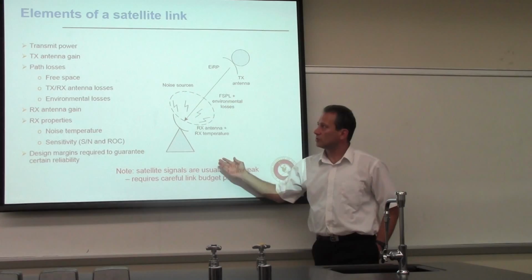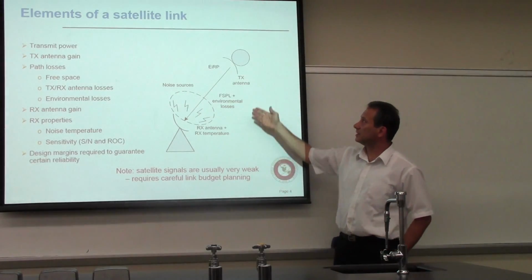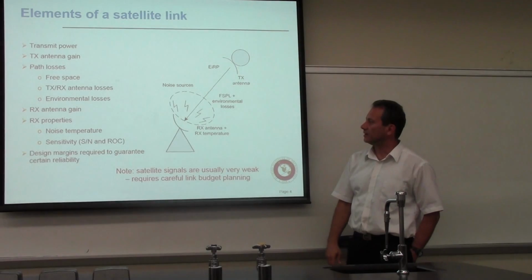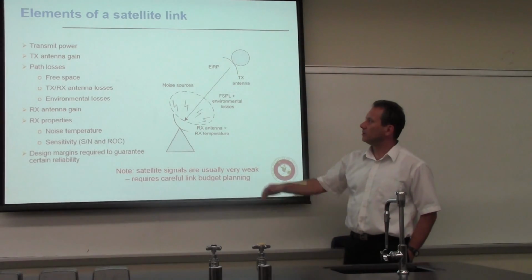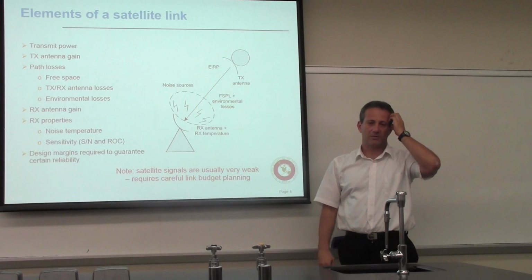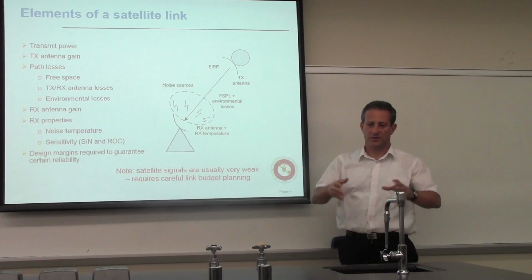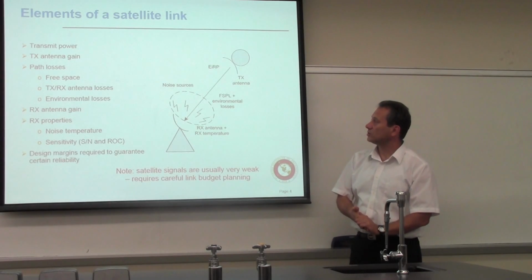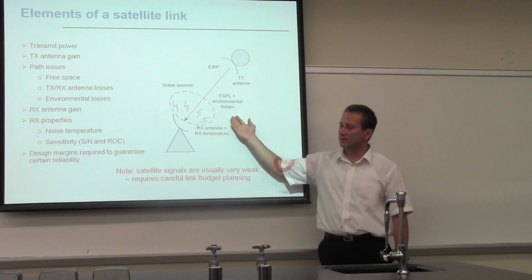Now, there are all sorts of things that exist on this path. I mean, we just draw it as a straight arrow, but you have a free space loss. This is the loss that is there because of the dispersion of the energy as the signal propagates. And there are all sorts of additional losses that you have to take into account.